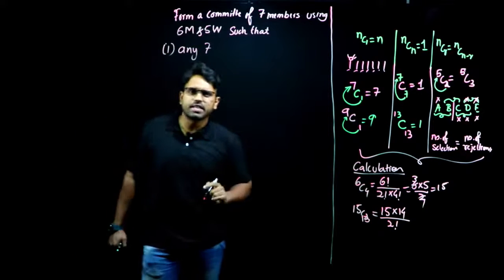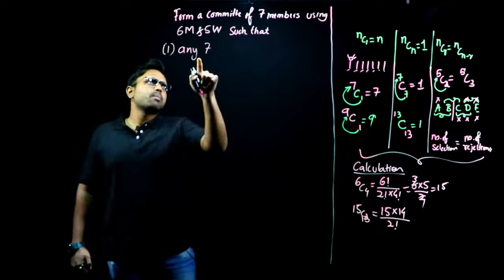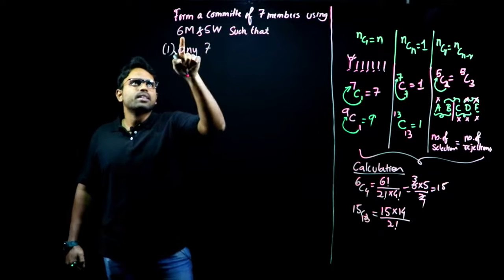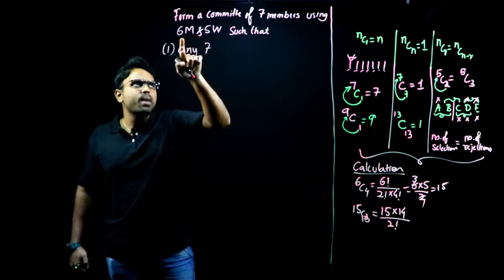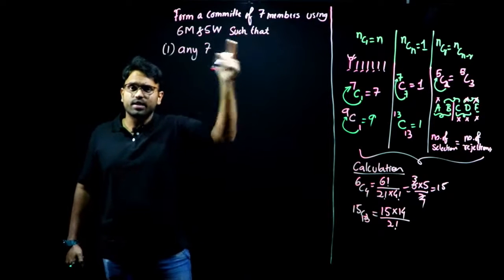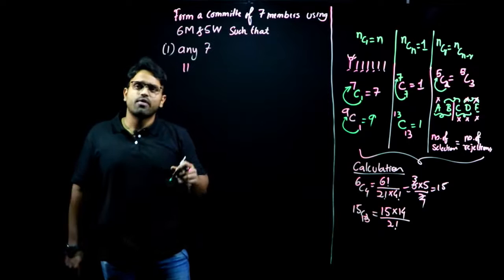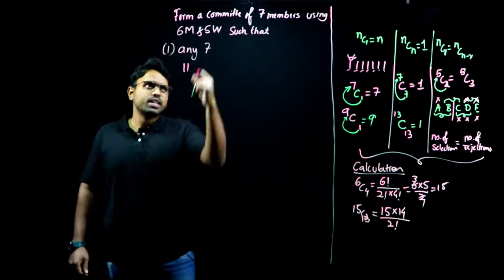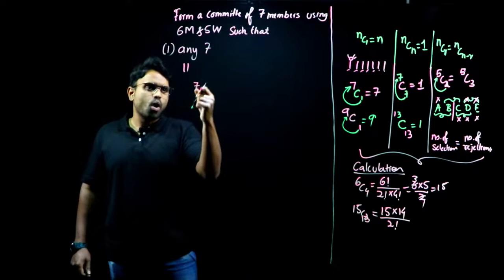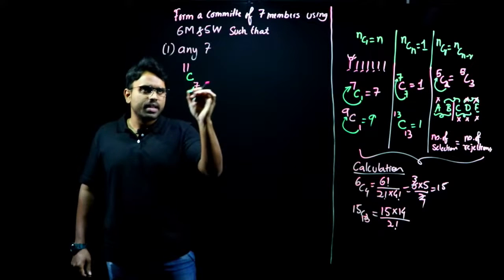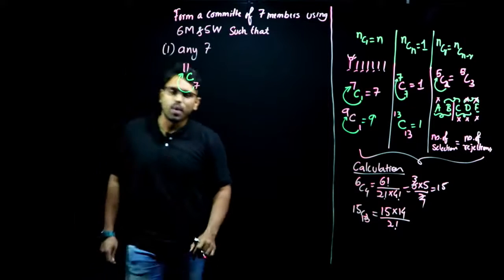You can select any 7 members. Selecting any 7 members out of a total of how many? 6 men and 5 women, together 6 and 5 is 11. Selecting 7 people out of a total of 11 people can be done in 11C7 ways.